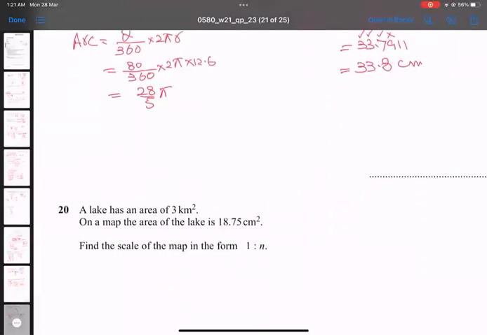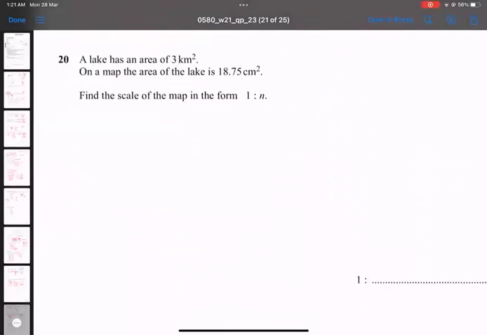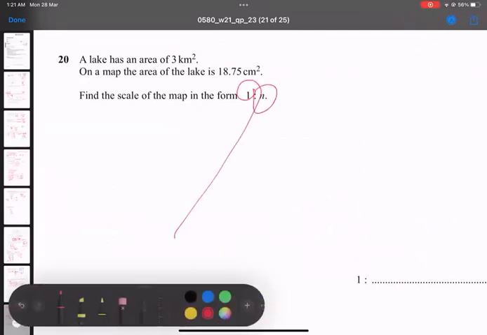The next question we have here: we need a ratio 1 to n. The lake has an area of 3 kilometers squared, and the map area is 18.75 centimeters squared. And we need the scale. So in the ratio 1 to n, naturally 1 is for the map and n is the real one.